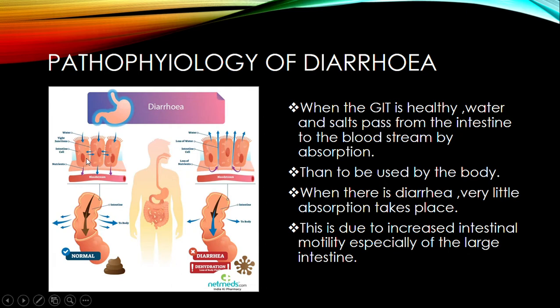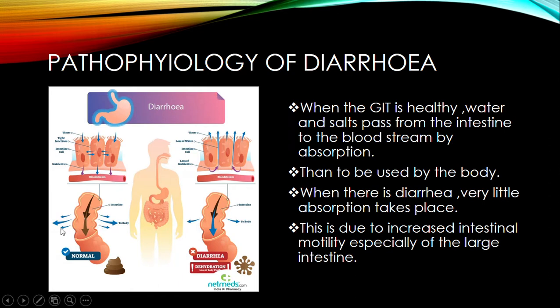We know that absorption of water occurs in the intestines. Water moves from the lumen of the intestines into the blood system through absorption. As we can see from this part, we have water moving from the lumen of the intestines into the body cells in order for it to be used.